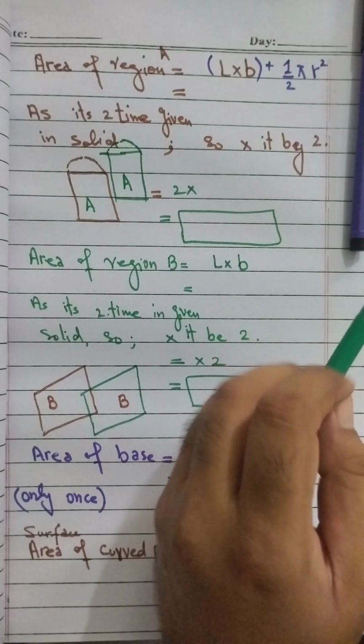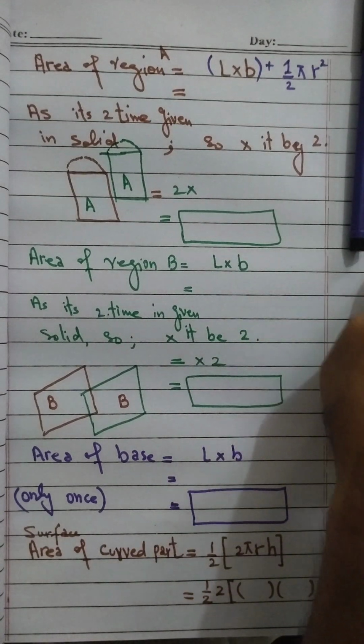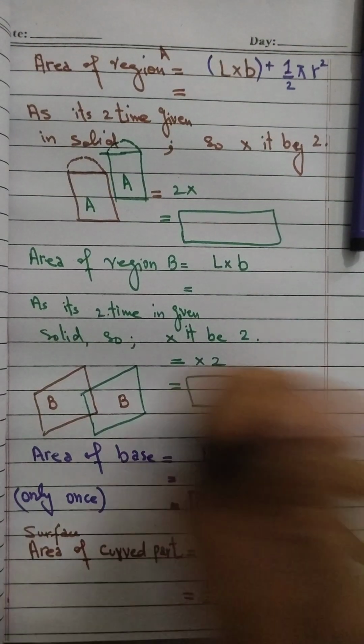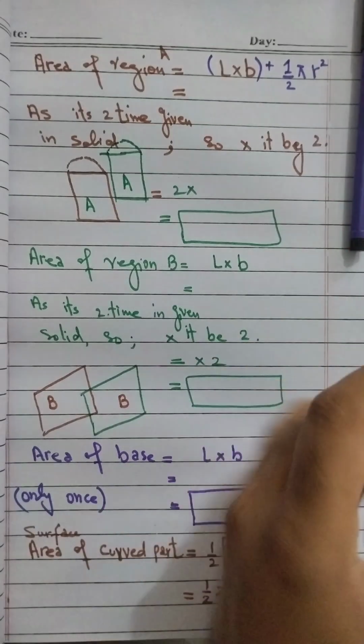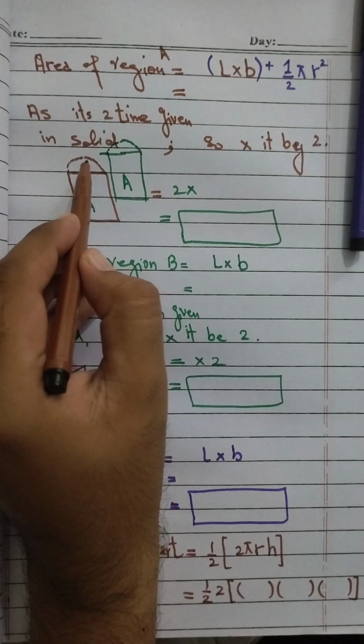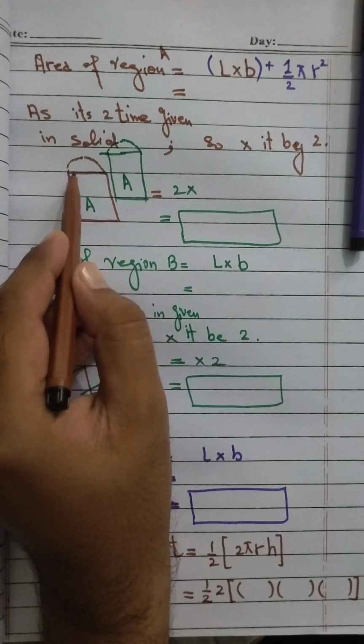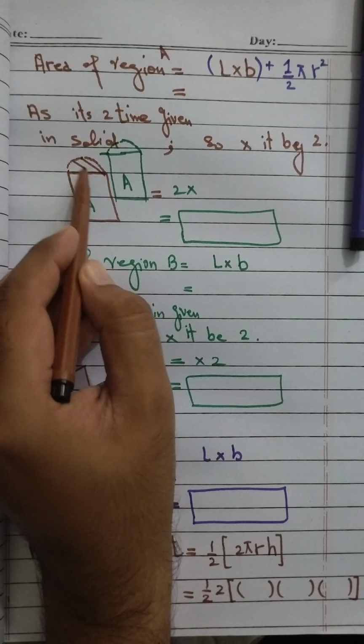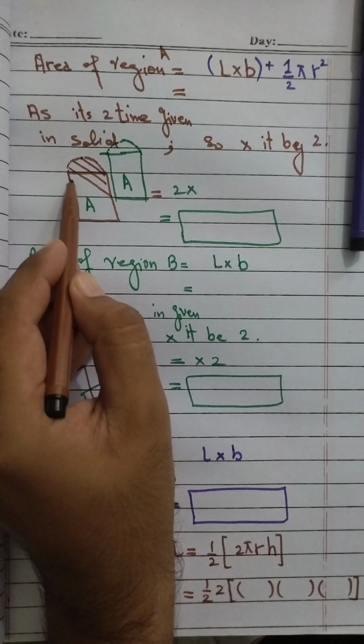Okay, students, we already discussed that we have two areas of the region A, one at the front and the other at the back. It is not only rectangular, the upper portion is also curved.